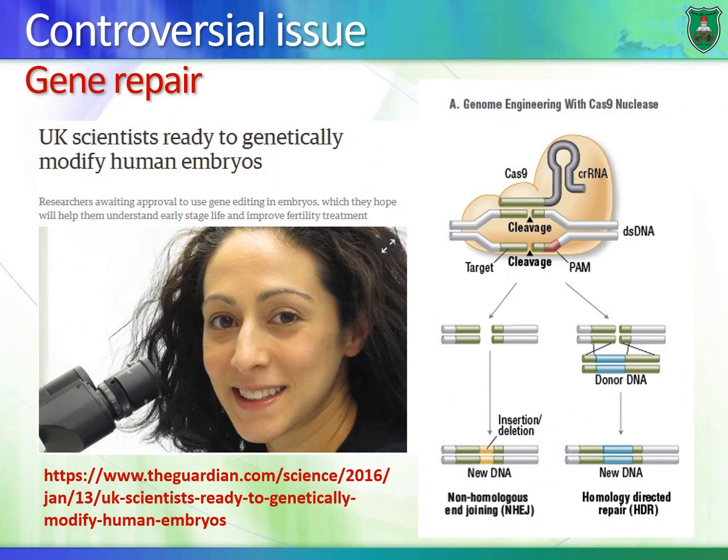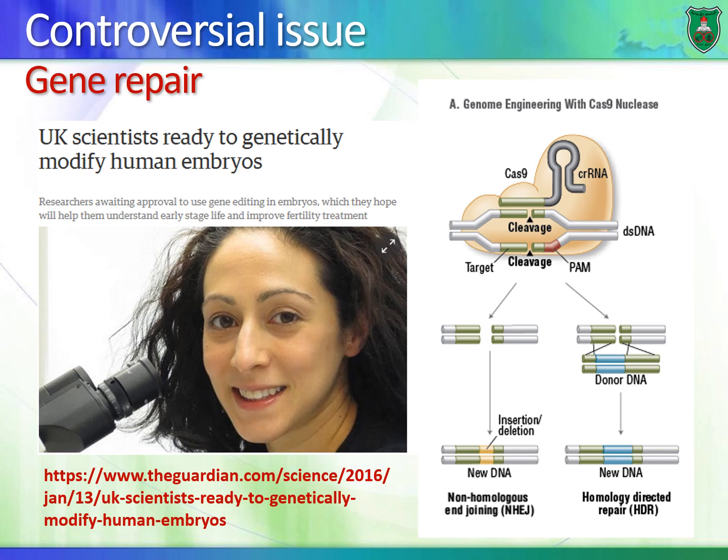Now, I'll end with these stories, two stories. This is, of course, not for you to learn in the exam, but you can go back and read about these news. So here you have a scientist in 2016 who came up with an idea of using the CRISPR-Cas9 to mutate genes in the fertilized egg, in the zygote, hoping to learn how the zygote becomes a baby, how it differentiates.